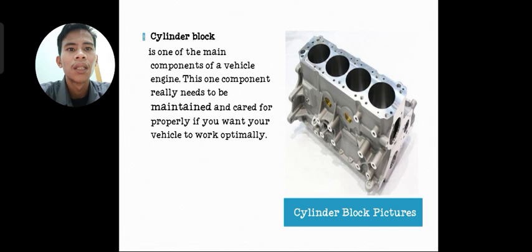Cylinder block is one of the main components of a vehicle engine. This one component really needs to be maintained and cared for properly if you want your vehicle to work optimally.